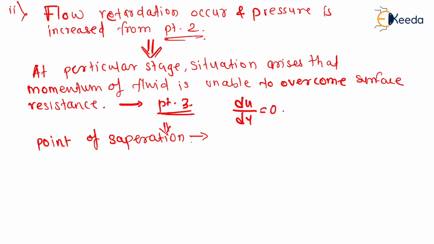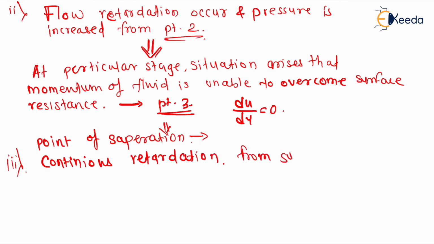And boundary layer is on the verge of separation. Third stage is continuous retardation from surface. Due to retardation, opposite flow occurs.